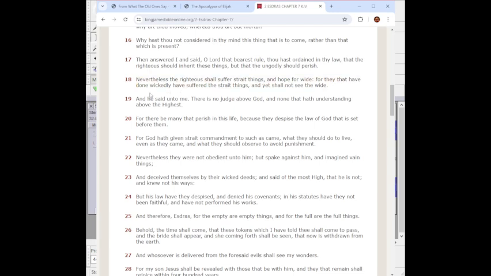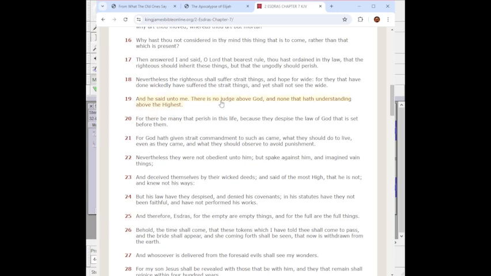For they that have done wickedly have suffered the straight things, and yet shall not see the wide. See, right now, there is a remnant upon the earth of the holy people who have been suffering all of these things. And we have not received the abundance of the good things yet.